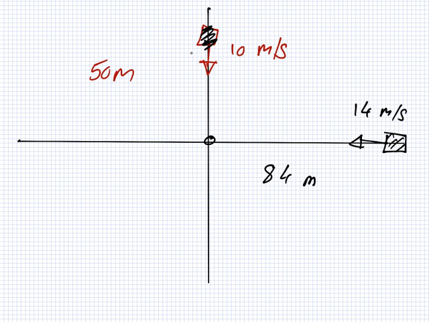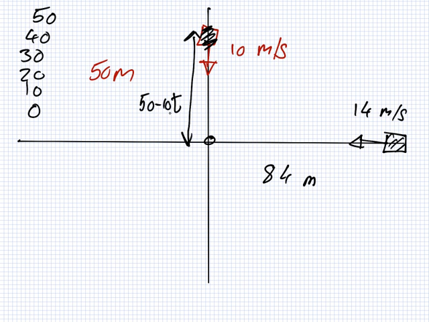Right, so the height here is 50 minus 10t. Because at the beginning it's 50 away, then it's 40 away, then it's 30 away, 20 away, 10 away, and at the crossroads. So the formula is the distance away from the crossroads will be 50 minus 10t. Each second it's losing 10.